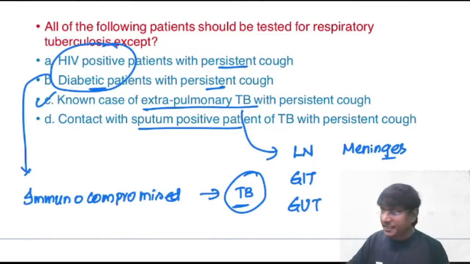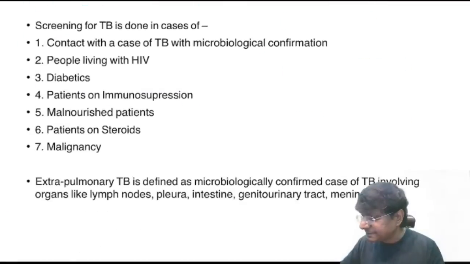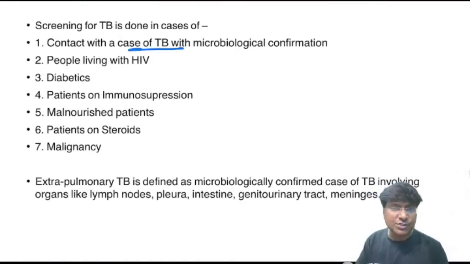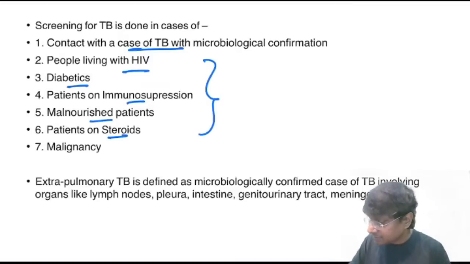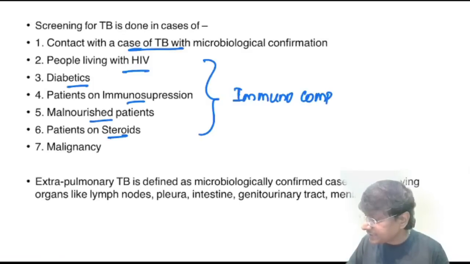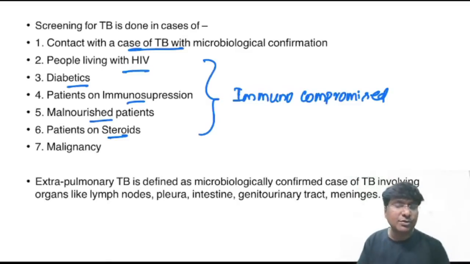Which group of patients should you consider as possibly having pulmonary tuberculosis? Contact with a case of TB with microbiological confirmation, people with HIV, diabetics, immunocompromised patients, malnourished, steroids. All these are immunocompromised states. So if these patients are having persistent cough, definitely you need to consider pulmonary tuberculosis. But extrapulmonary tuberculosis with persistent cough does not need to be considered as pulmonary tuberculosis.